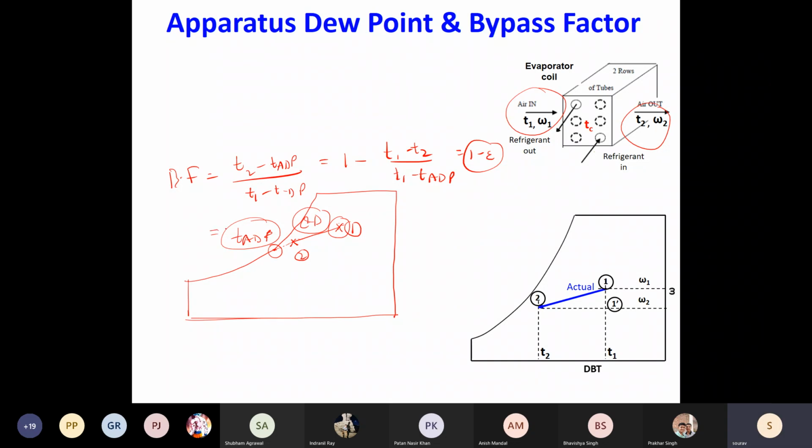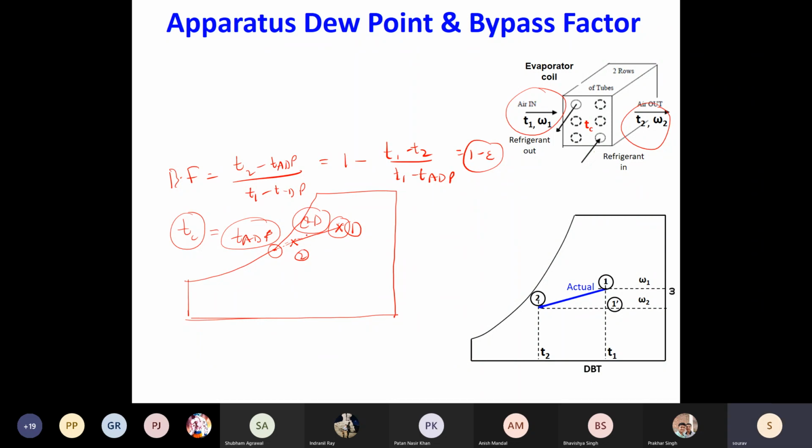Okay, and this is effectively telling you what the coil temperature should be, because the process your air follows as it passes through the coil is the line joining your inlet condition to the ADP. So this also tells you what coil temperature you will have to maintain.